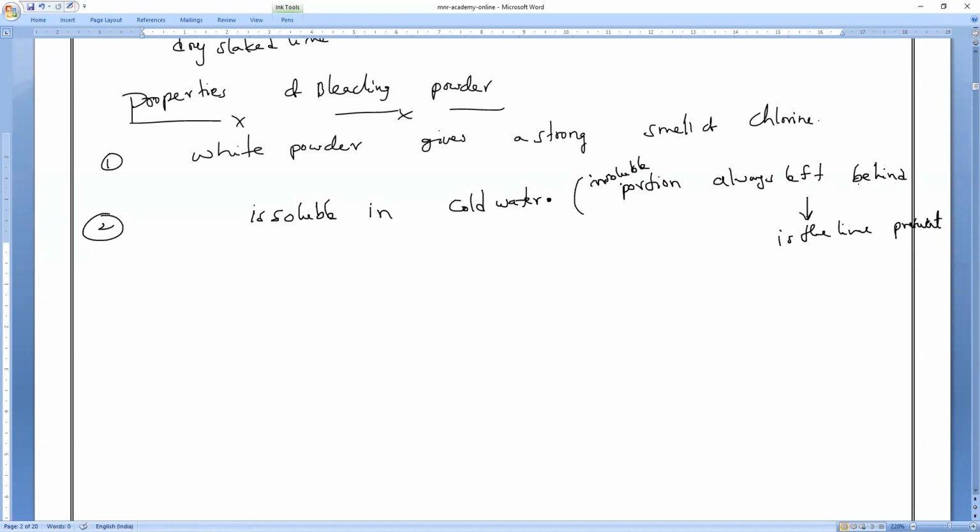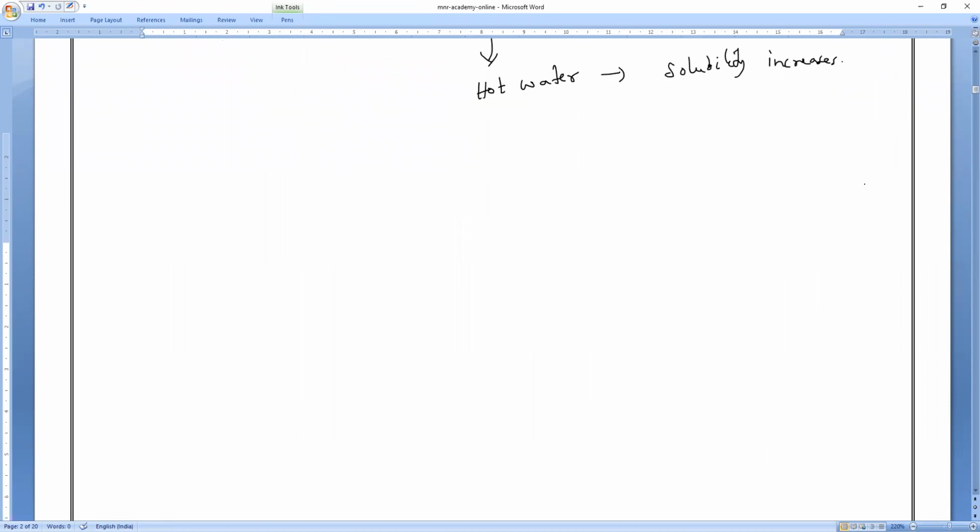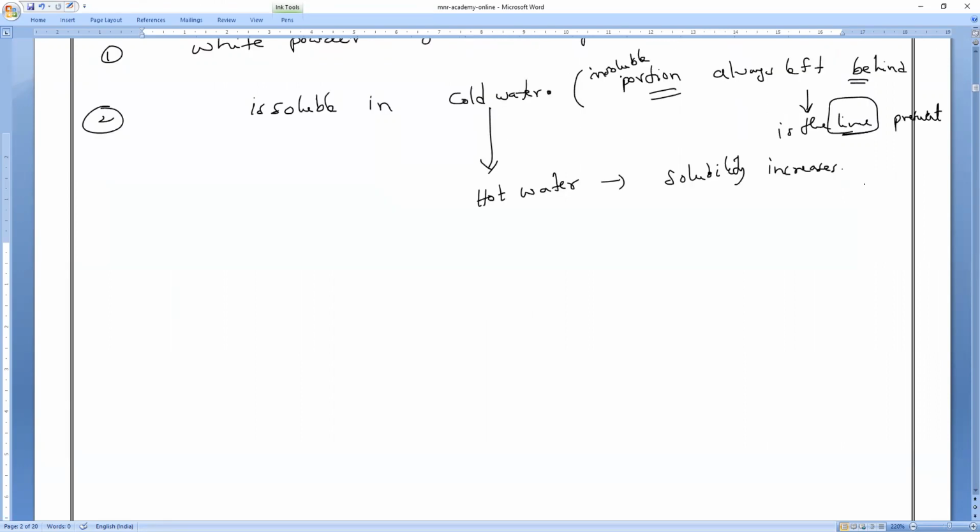If I change the cold water to hot water, does solubility increase or decrease? Solubility increases. When it is cold water, some insoluble substance is left behind. But if you increase the temperature, it will be completely soluble. Is it okay, everybody?